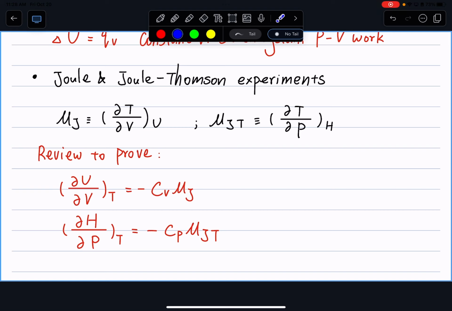All right, so these are the terms that we proved together in class. So try to refresh your memory on proving these terms being true.